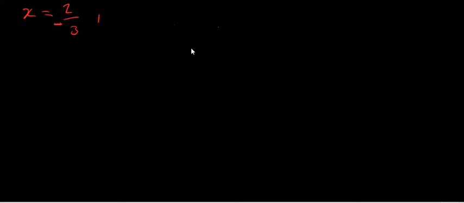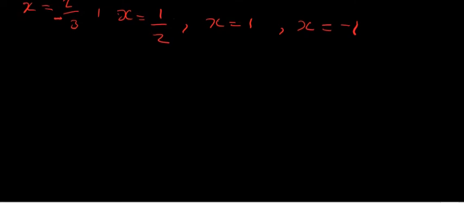So this will be negative 2 over 3, and then x is equal to half, and then x is equal to 1, and then x is equal to negative 1. Then you can use the table to work them out.